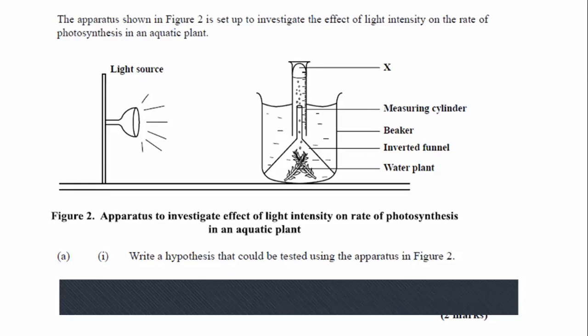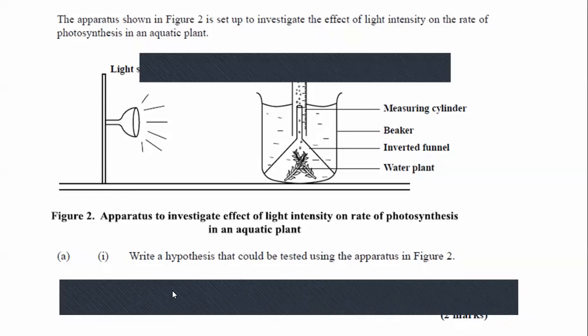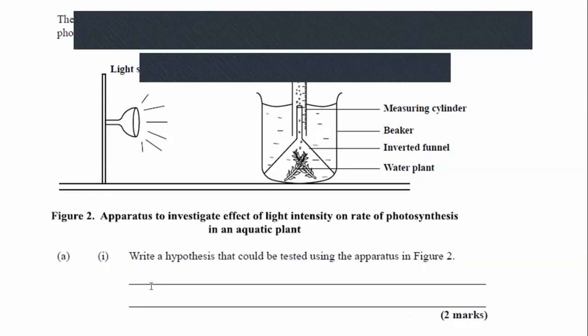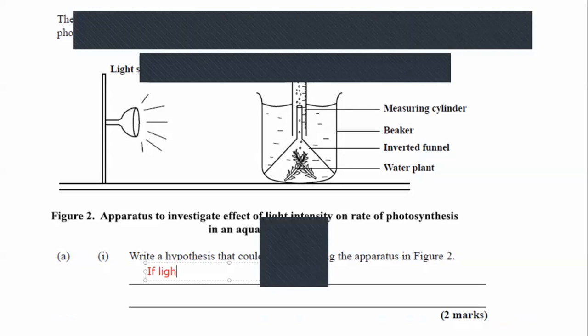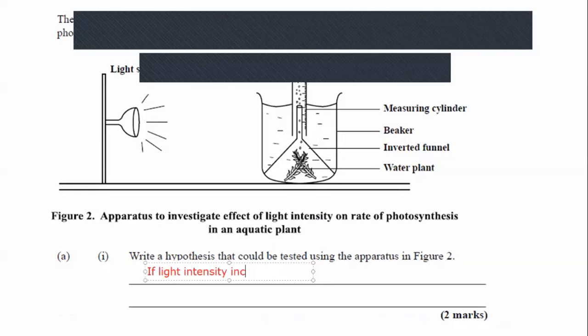So possible hypothesis: if light intensity increases, then the rate of photosynthesis will also increase. Miss, the hypothesis would be when light intensity increases, the rate of photosynthesis will increase. Yes.